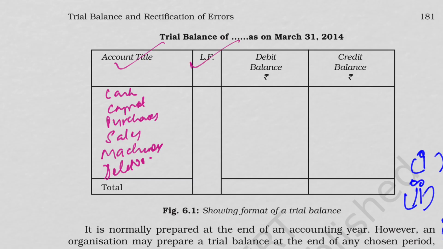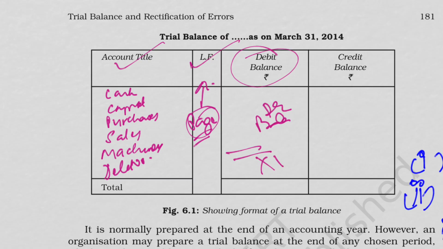This column contains the reference number of the ledger page where the account is recorded. Third, we have the debit balance. If the account has a debit balance, then the amount will be written here. Fourth column, we have the credit balance.